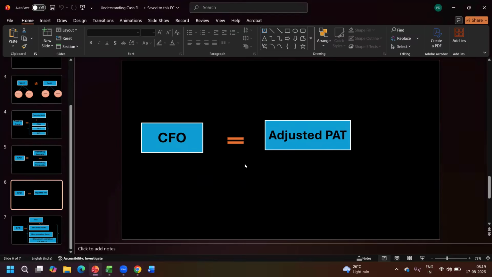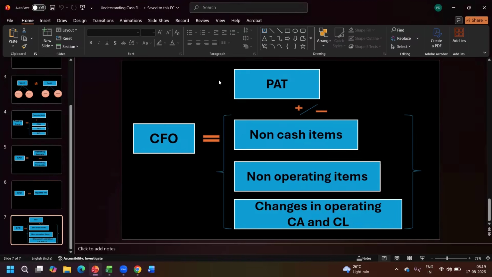So for deriving cash from operation from the PAT, we make adjustments for non-cash items, non-operating items, and the credit item, which is also called the changes in operating current assets and current liabilities. So profit adjusted for non-cash, non-operating, and the credit item will give us the cash from operation.